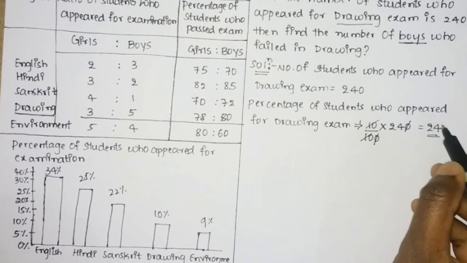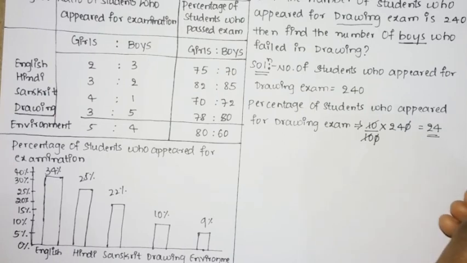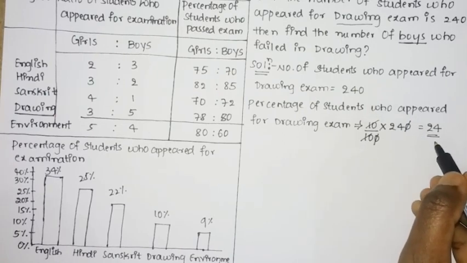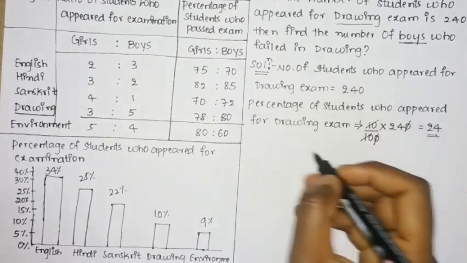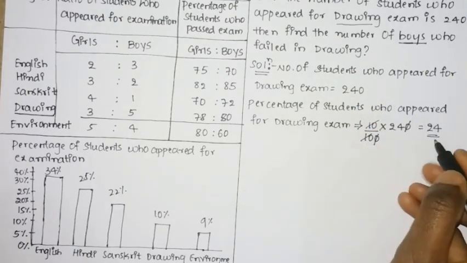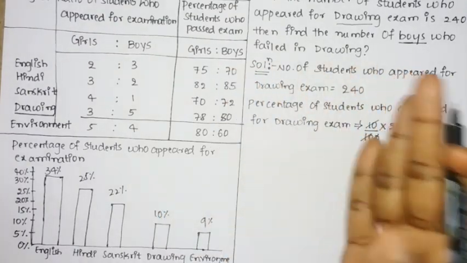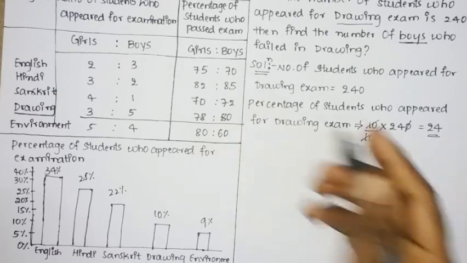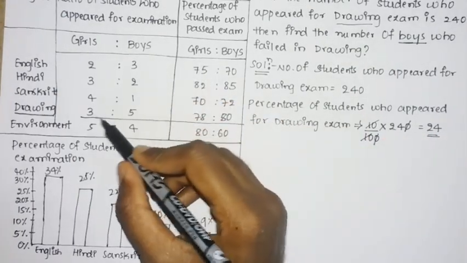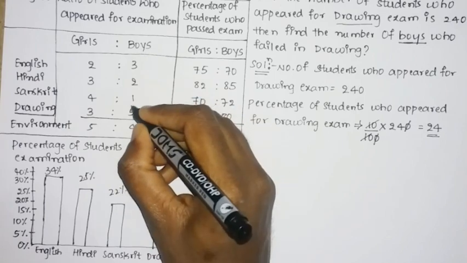Only 24 students appeared for the drawing exam out of 240. Out of 24 there are boys as well as girls, and we need to find the boys.